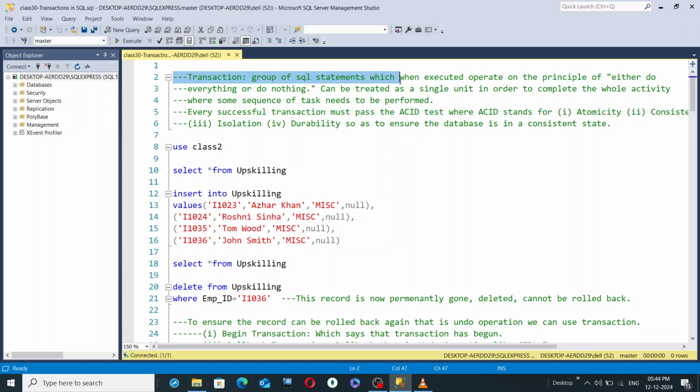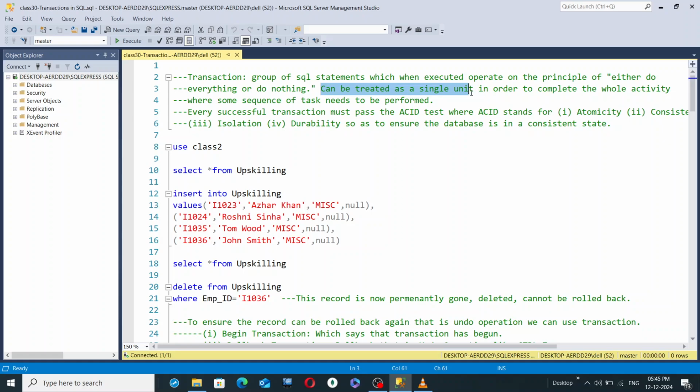So it is a group of SQL statements which, when executed, operate on the principle of either do everything or do nothing. Further, I've written that it can be treated as a single unit, because ultimately you will have a group of SQL statements together. When you combine them, they can be seen as one single unit, where it is expected that the whole activity will be completed.